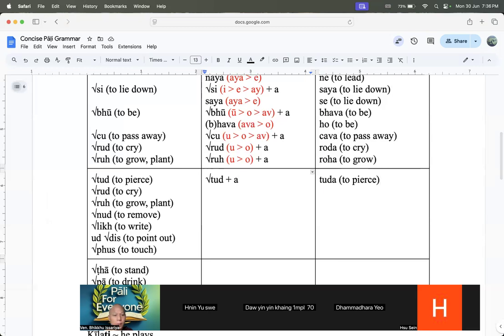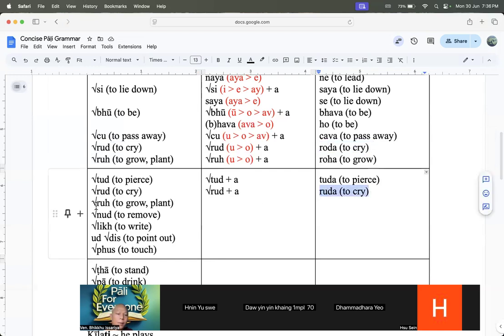And then for the next group, rud are not changing. So rud and the a, so to cry. Okay. So this root can be two forms. Here in the first group, root ru, so u becomes o: rodati also cry, rudati also cry, can be two forms.